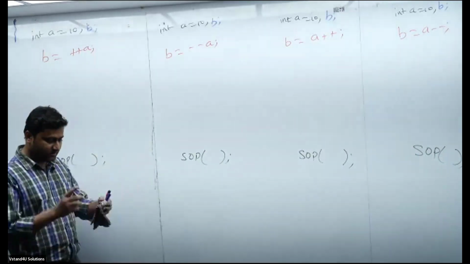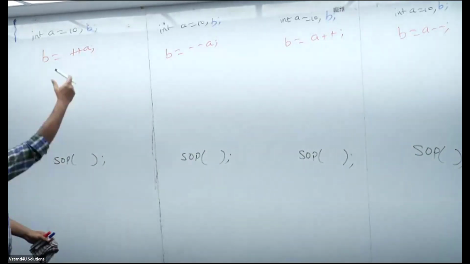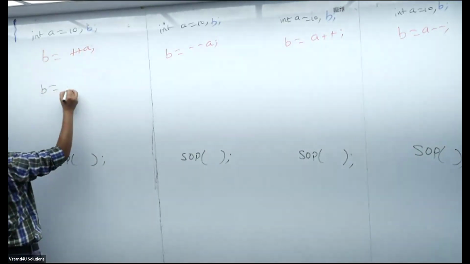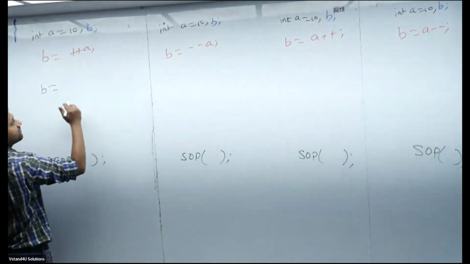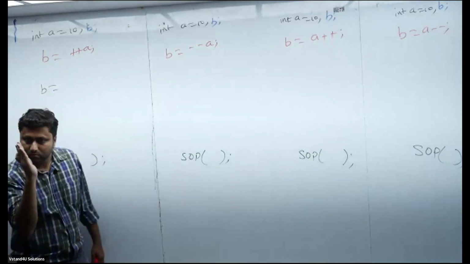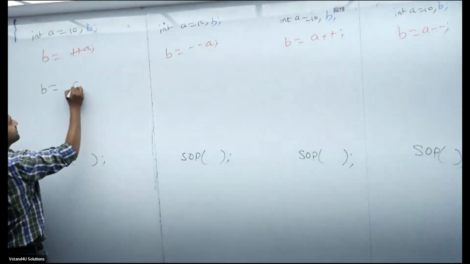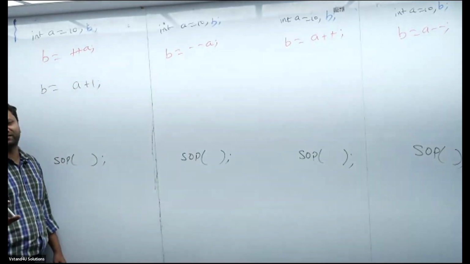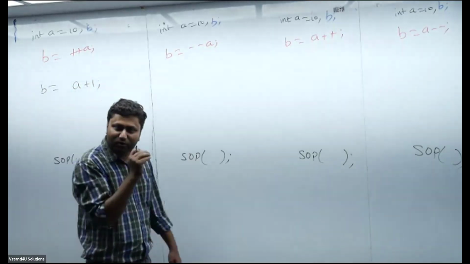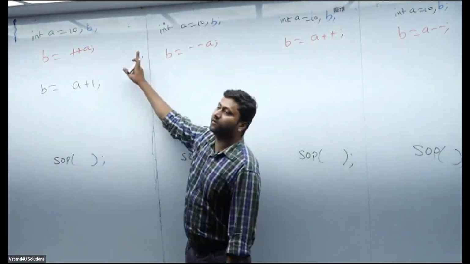Okay, remaining people, can we discuss? Focus now. Close your notebooks. Sir, this is written B equal to ++A, which means plus A means A+1. Don't jump straight to the answer; not everything will give the same answer. You learned earlier when only one variable was there.